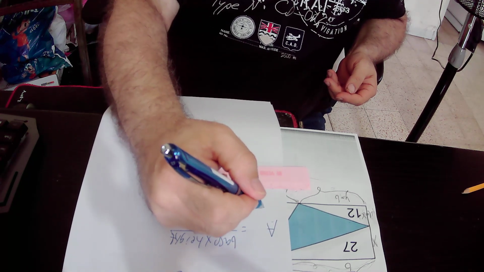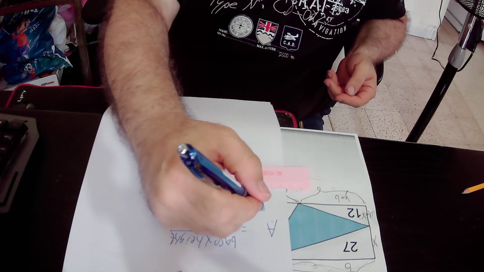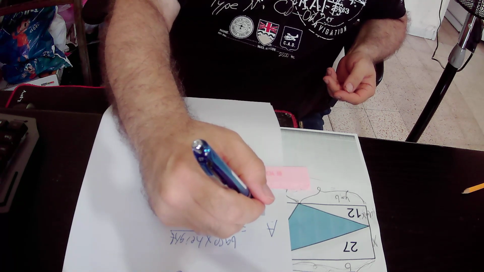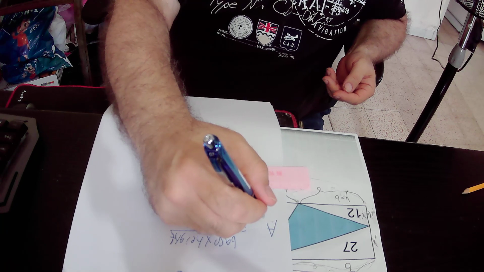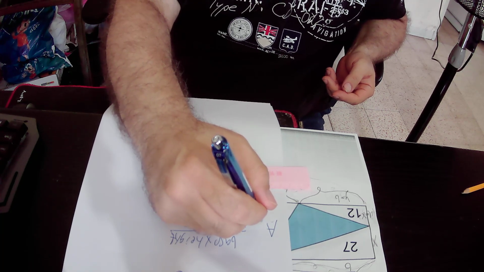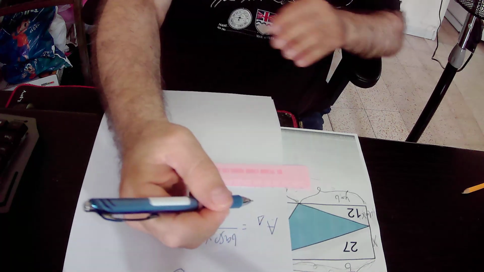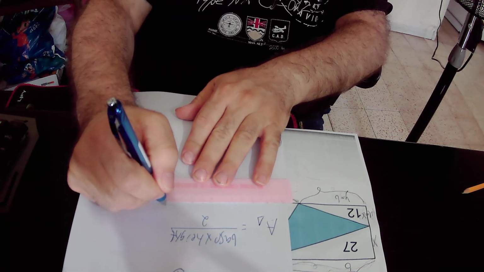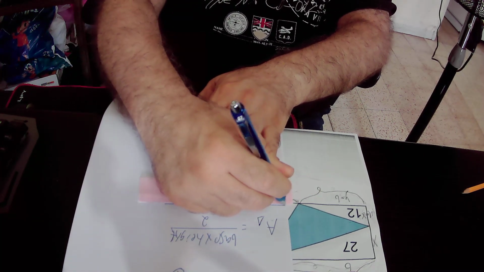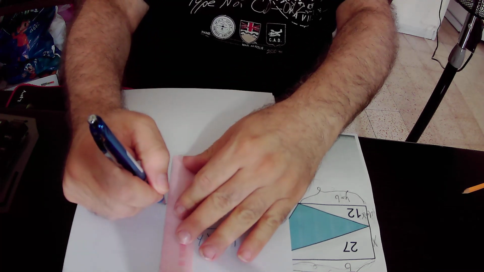I will call the area of a triangle A. So the area of a triangle equals the base of the triangle times the height of the triangle divided by 2.